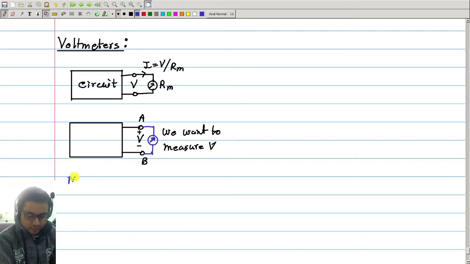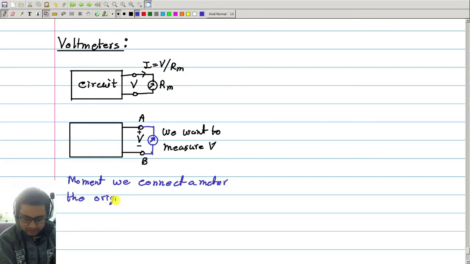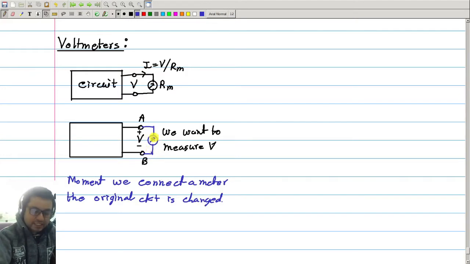But the moment we connect a meter, the original circuit is changed. And now the voltage that we will observe is the voltage present in the presence of this meter. That voltage may or may not be the same as the voltage which was present when the meter was not there.